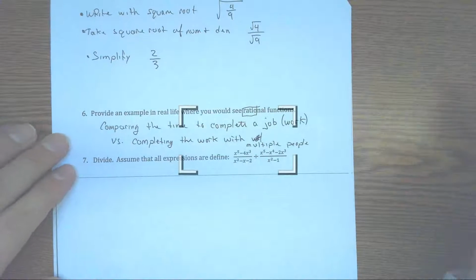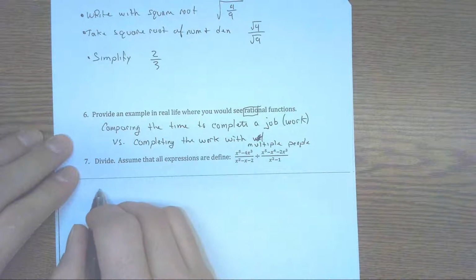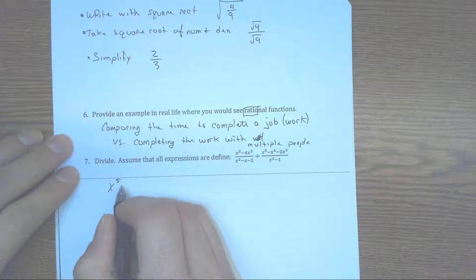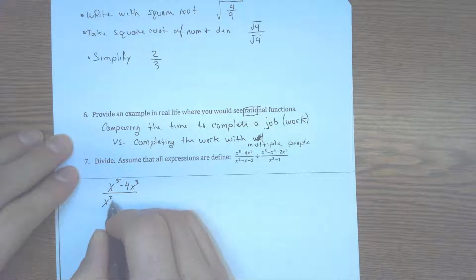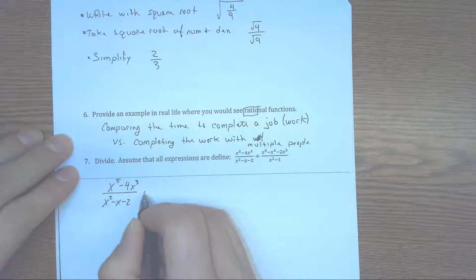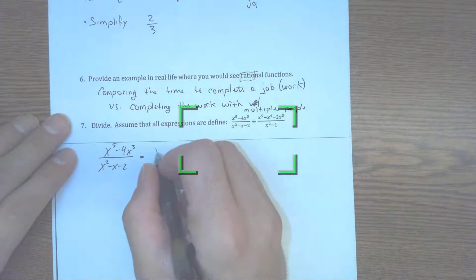Alright, divide. So when we do this, we have to keep the numerators here in the first fraction. Change to multiplication, and take the reciprocal of the second one.